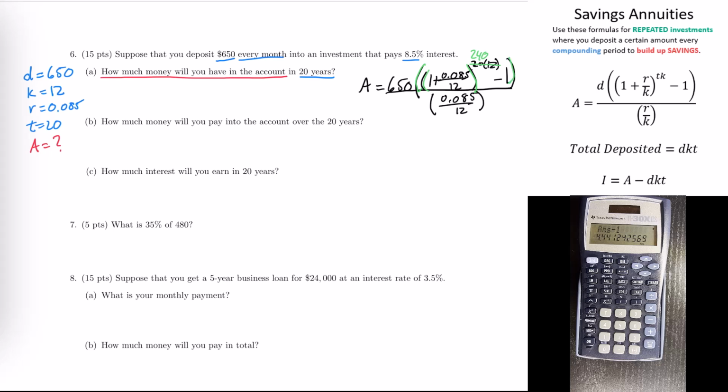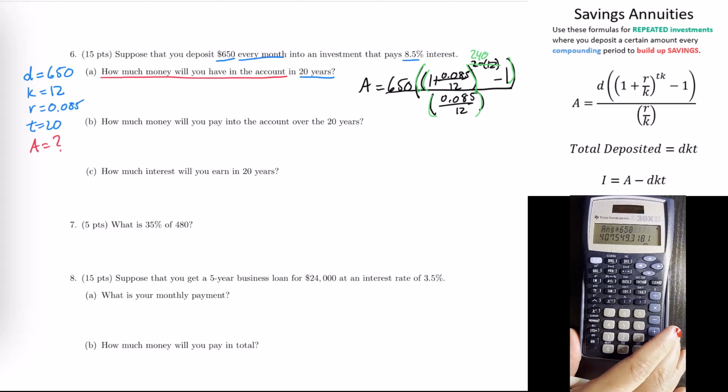So this number here is basically all of the stuff in this big set of parentheses simplified. Now you could either multiply by 650 or divide at this point to simplify the fraction piece. And I'm in the habit of dividing first, so I'm going to divide by 0.085 divided by 12, and then I'm going to take that result and multiply by 650. But if you had multiplied by 650 before you divided, you would still get the same answer.